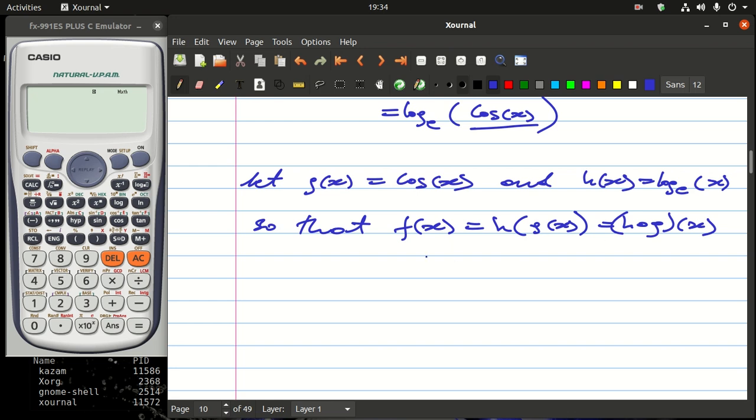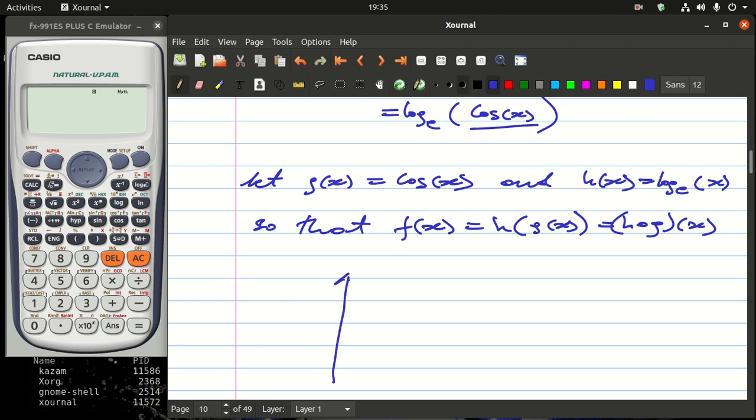So once we have that, for the range of this, we can get it by just plotting these two functions, find the range of the inside function, the domain of that, and continue with that process.